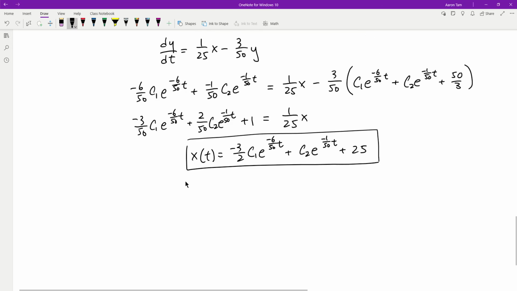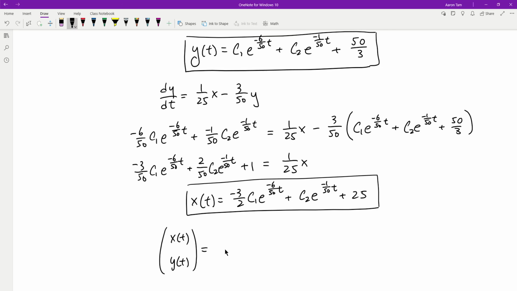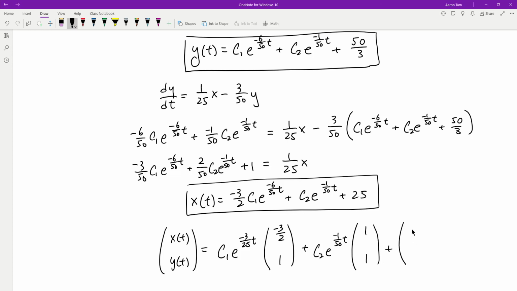So in this case, our solution, x of t and y of t collectively, would equal c1 e to the negative 6 over 50 t, or maybe I will write negative 3 over 25 t, multiplied by negative 3 over 2, 1, plus c2 e to the negative 1 over 50 t, multiplied by 1, 1, plus the constants, which are 25 for x and 50 over 3 for y.